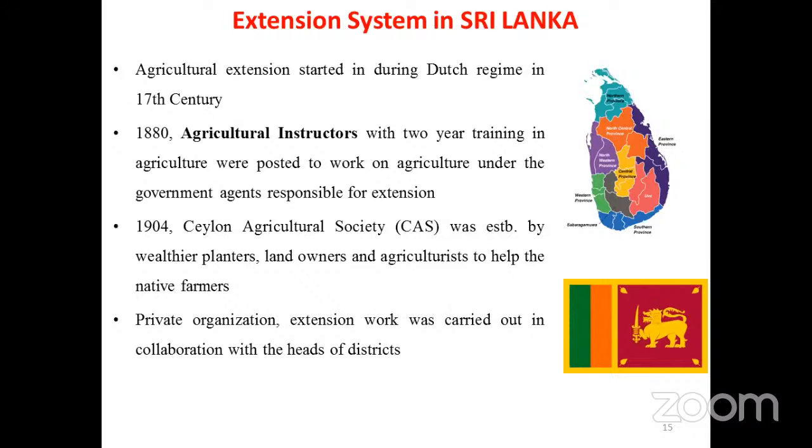Then came the Britishers, and in 1880, agricultural instructors with 2-year training in agriculture were posted. This you can remember for multiple choice questions. Then the Ceylon Agricultural Society was established, whose members were mostly planters, because plantation crops are more.